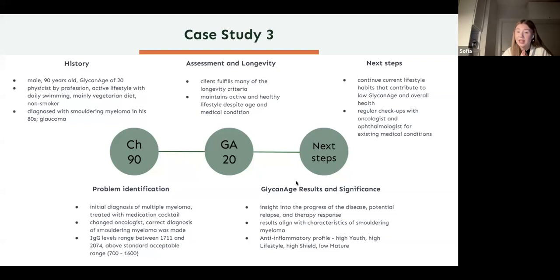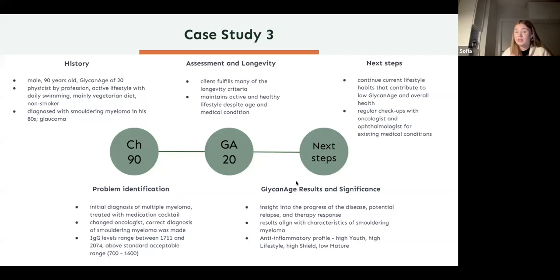But what GlycanAge can offer him is insight into the progress of disease, potential relapse and therapy response. So if his GlycanAge goes up, we will know that there is something going on either with his therapy or the disease is not managed in a proper way, and so on.